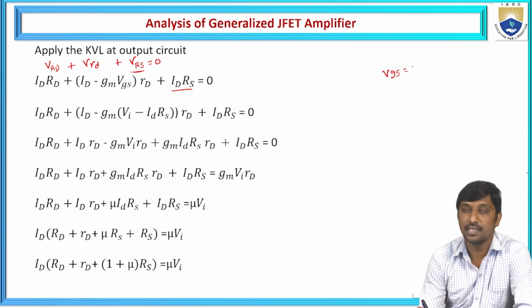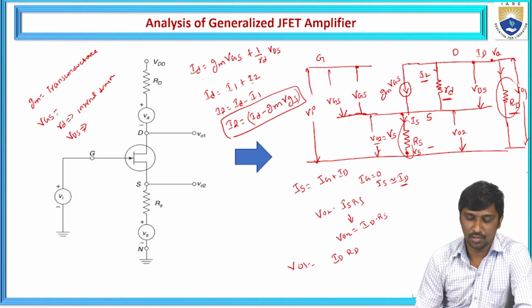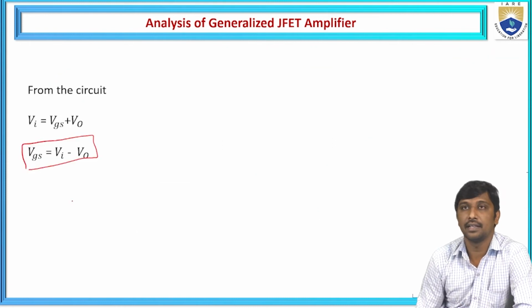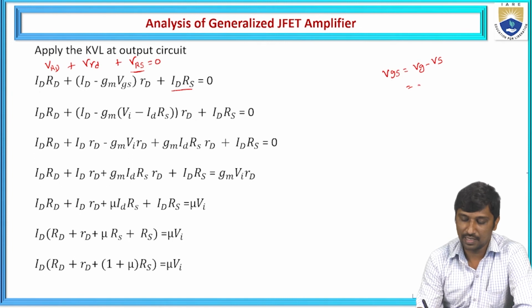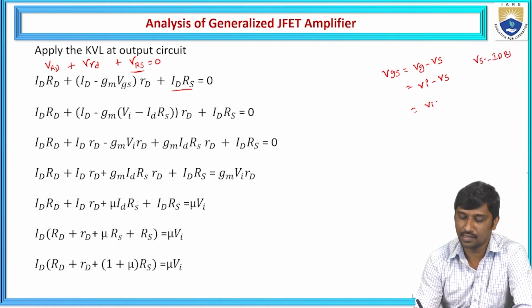We know that VGS is the potential difference between the gate voltage and the source voltage. If you observe the circuit, across the gate we pass the input signal Vi, hence Vi minus VS. VS means the voltage drop at the source, which we know is ID times RS. Hence VGS is Vi minus ID times RS.